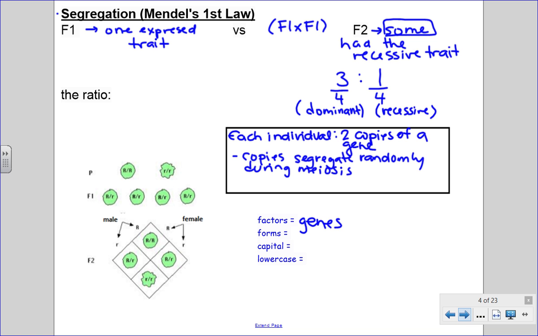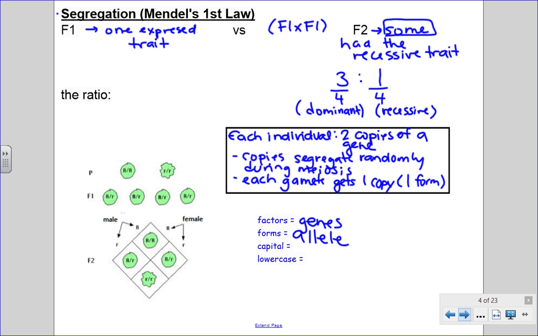So for every characteristic that these pea plants had, the genes separated randomly during meiosis. And each gamete gets 1 copy, so 1 form. Now he uses the word form, and the word form is going to represent something that we'll refer to as an allele.